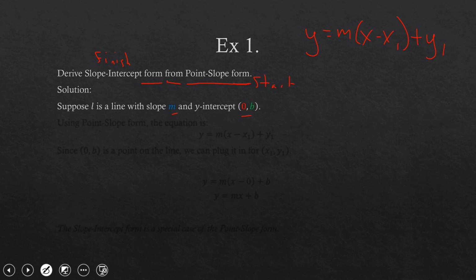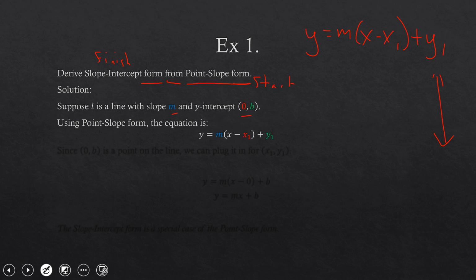As long as the line is not a vertical line, it's always going to have a y-intercept. It's always going to pass through some point on the y-axis. And we're going to call that point it passes through (0, b).